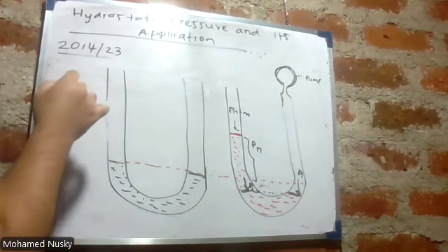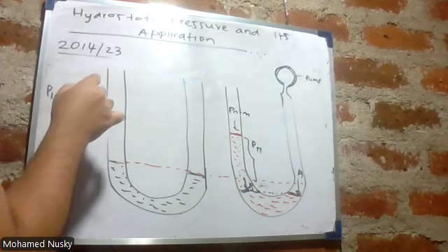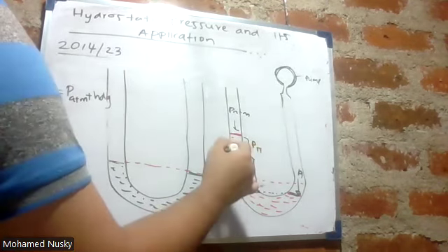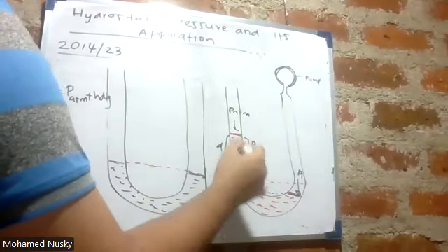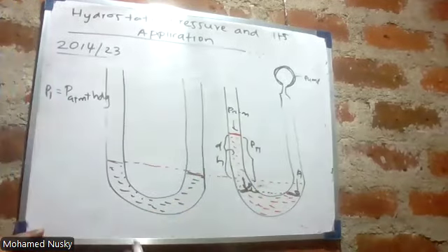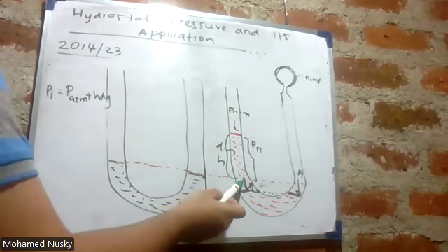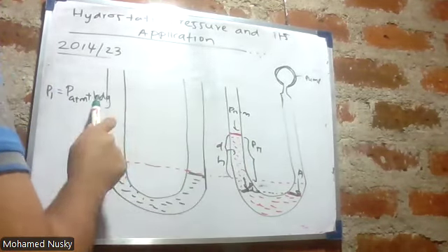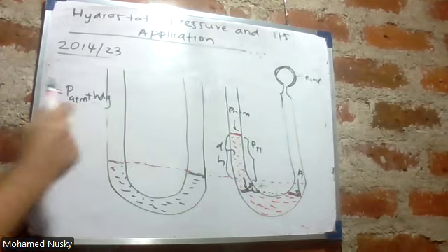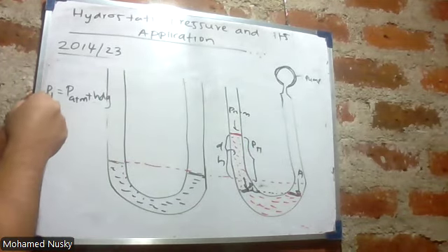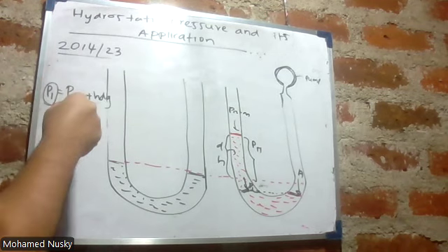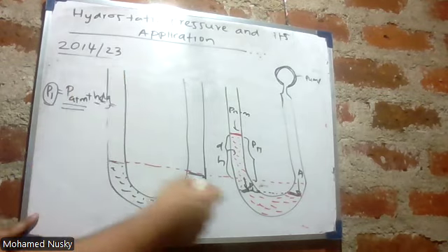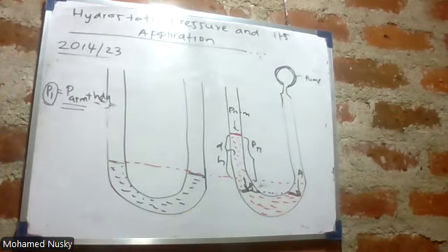This P1 is equal to PATM plus H rho G, where H is the height. Then the pressure at this point is equal to atmospheric pressure plus the hydrostatic pressure, that is H rho G. Therefore, with this, you know PATM, you know H, you know rho, you know G. From this, you can find the pressure at this point.